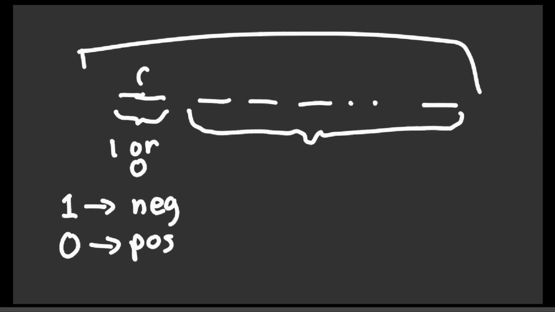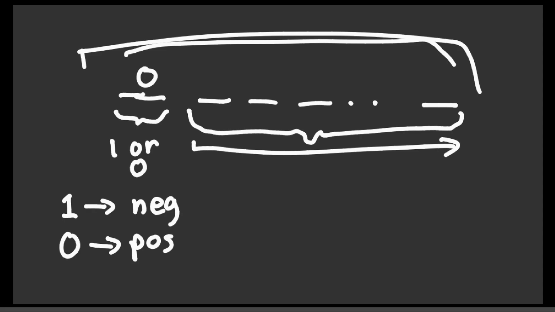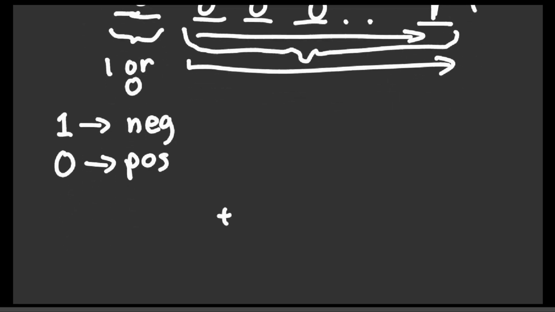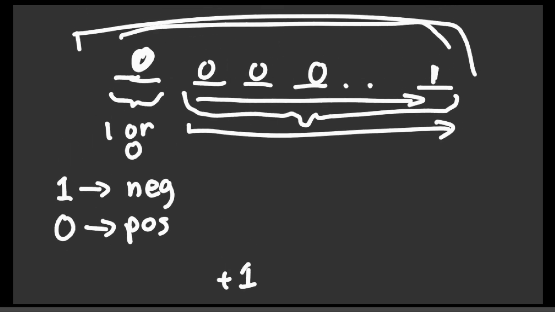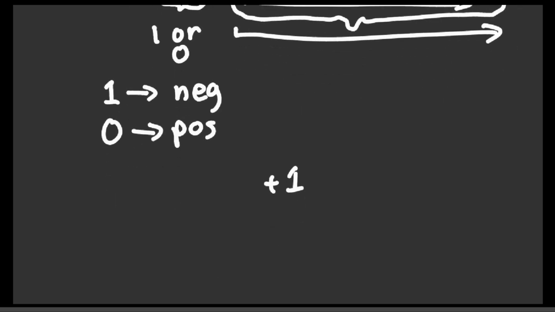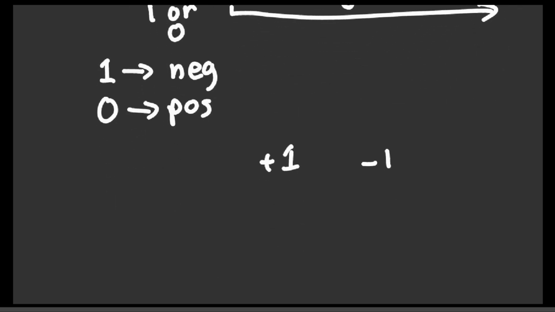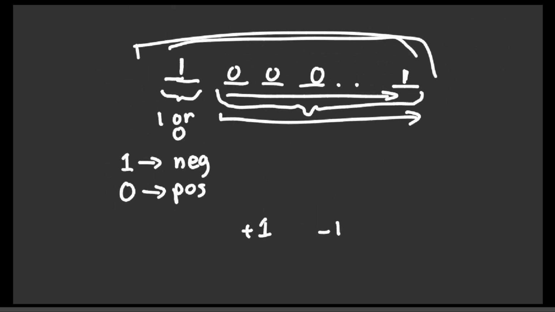If this was a 0, this whole number would be positive. And the right numbers are how I showed you to count numbers before. So if this was, let's say, 0001, then this number is positive 1. However, if I change this 0 and put a 1 here, then this number would be negative 1. And that's the difference between signed and unsigned binary numbers.